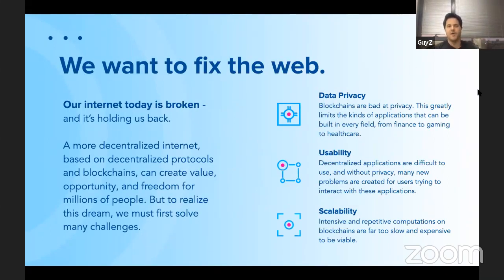So why Enigma? Why do we have, all of you, thousands of people in our community, dozens of people in the collective and the Enigma team? Why are all of us doing what we are doing today and have been doing for the past few years? Well, we simply put feel that the internet today is broken.